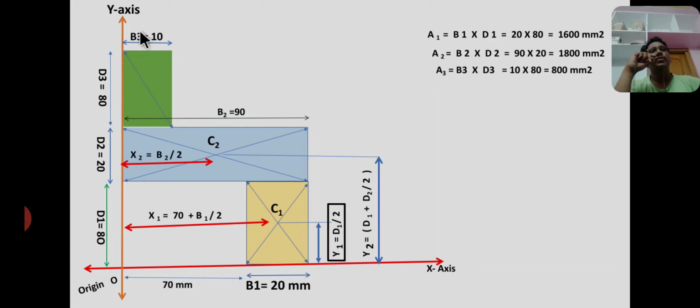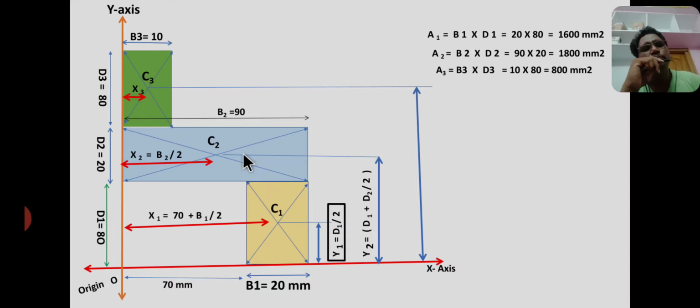And similarly I am drawing the diagonal lines for the third section. So C3 is the centroid of the third section. It lies at a distance of x3 from the y-axis and y3 from the x-axis.